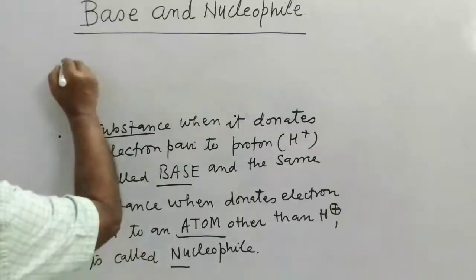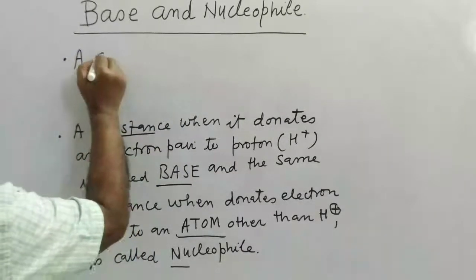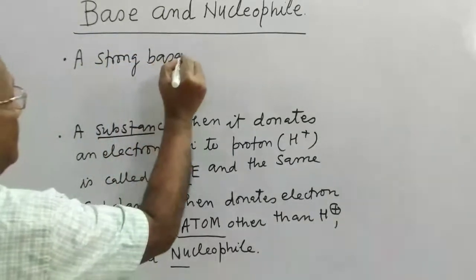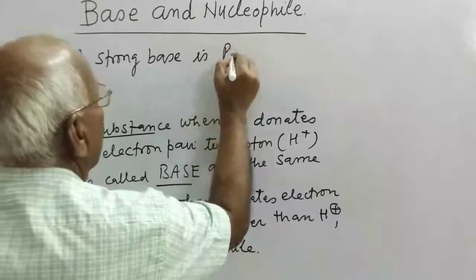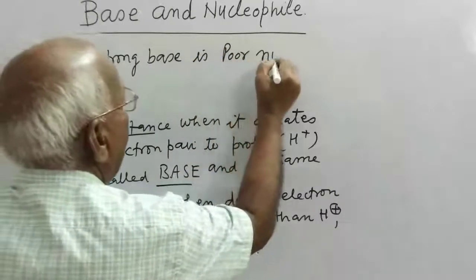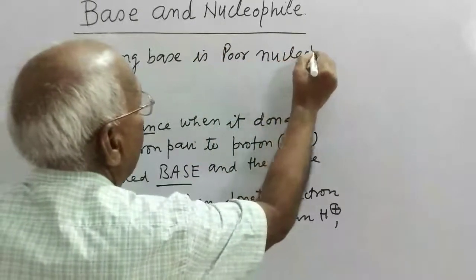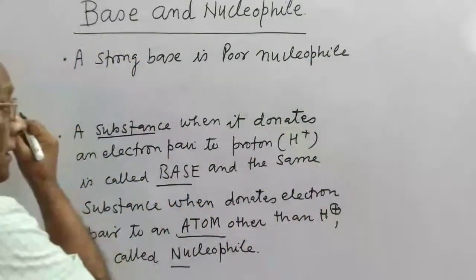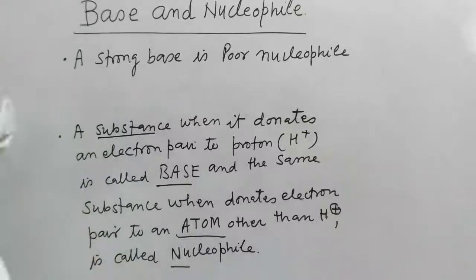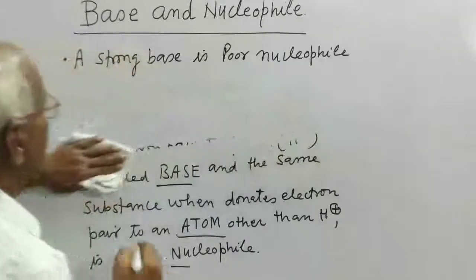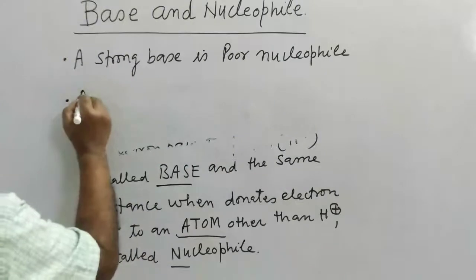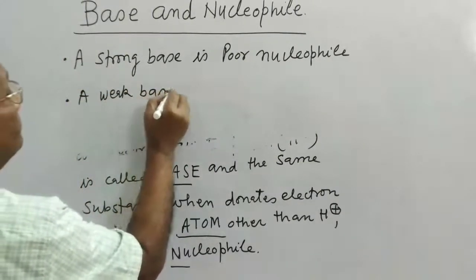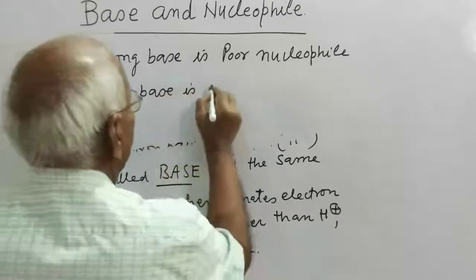A strong base is poor nucleophile. A weak base is better nucleophile.